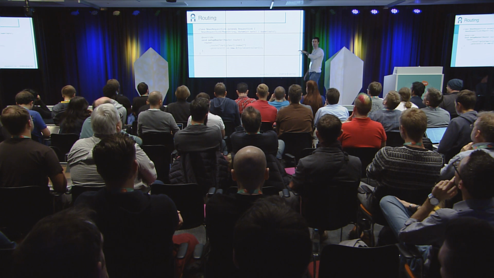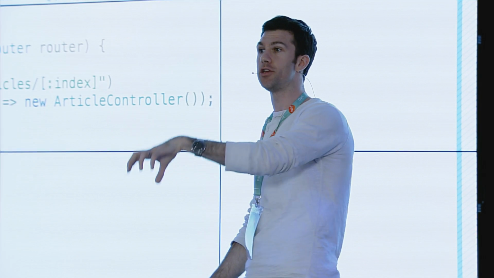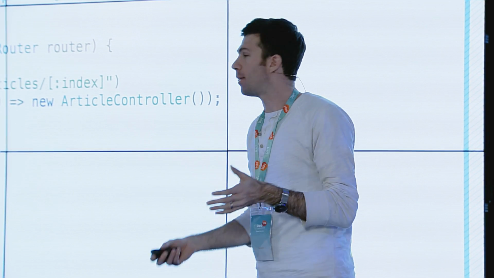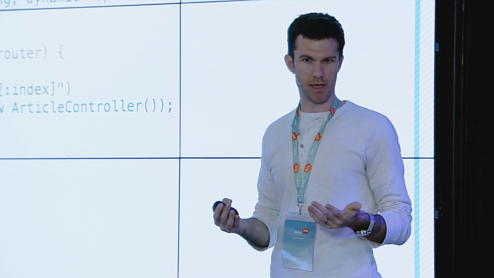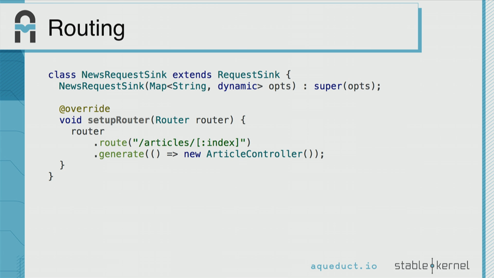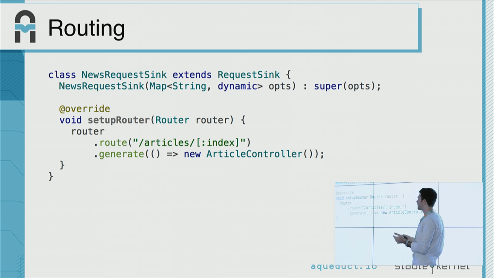And that request sink, the initial part of the chain: when you create an Aqueduct application, you subclass request sink, and this is where you set up your application. This is where you're going to set up your routing, and any resources that you're going to use, like a database connection. And the routing is, again, pretty simple stuff. This is an example of a route specification. You're probably familiar with syntax like this.